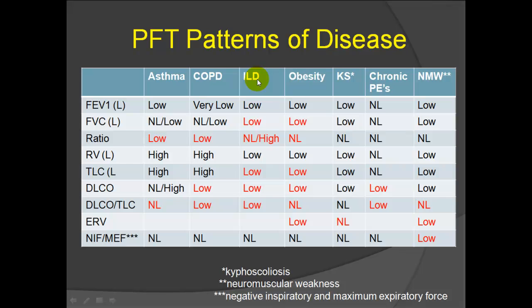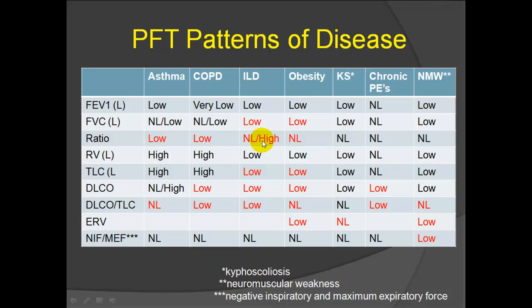In interstitial lung diseases, the ratio of FEV1 to FVC is normal or high, signifying absence of obstruction. We sometimes see a high ratio of FEV1 to FVC due to increased elastic recoil from stiffened lungs.